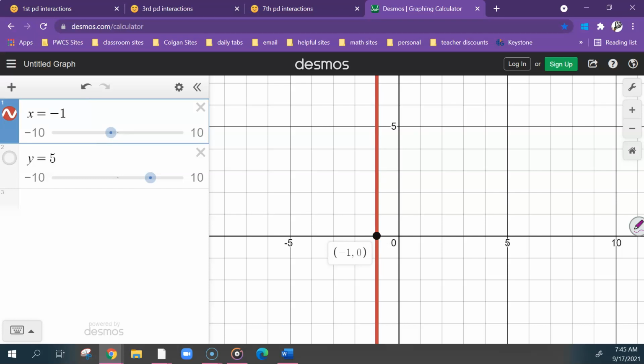Does it cross at 0? Does it cross the y-axis at all? But we can't say it's 0. If we said it was 0, that means it would cross at 0. This one doesn't have one at all, so put none, doesn't apply, nothing, whatever word you want.